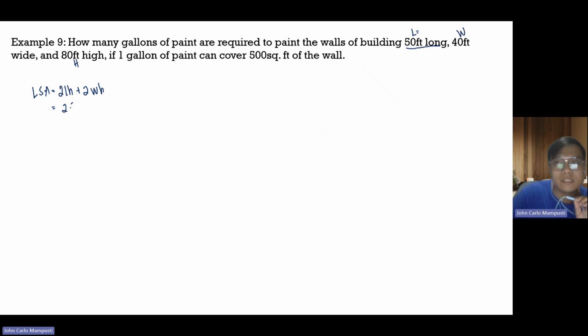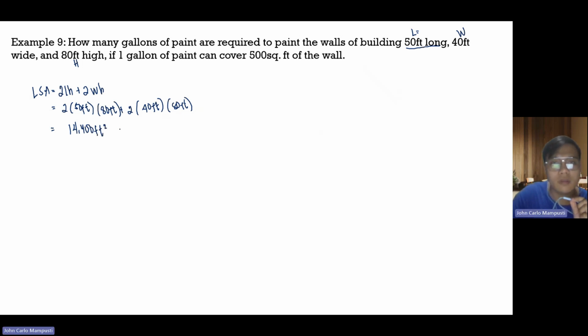So, 2 times 50 feet times height, 80 feet, plus 2 times width natin, 40, times height natin, 80 feet. Okay, so therefore, yung lateral surface area natin is 14,400 square feet.